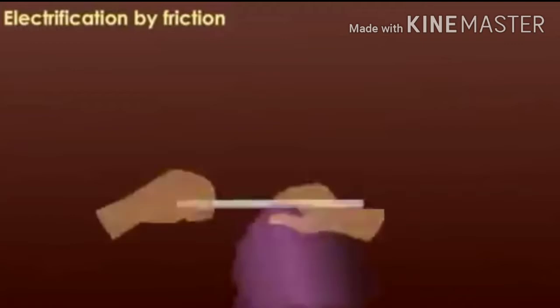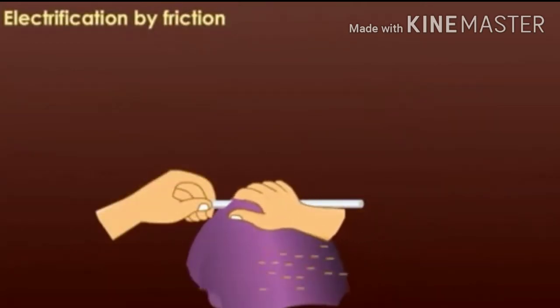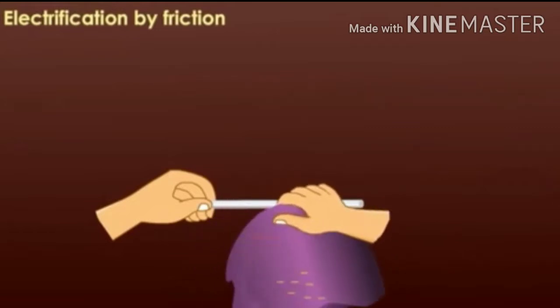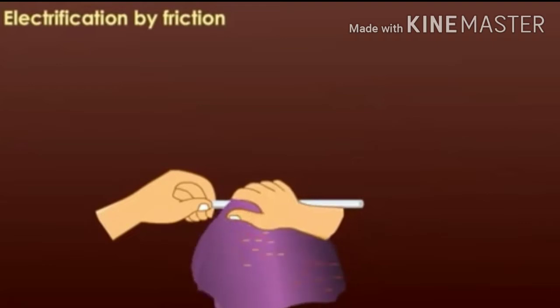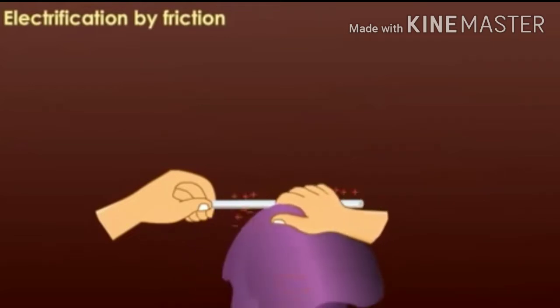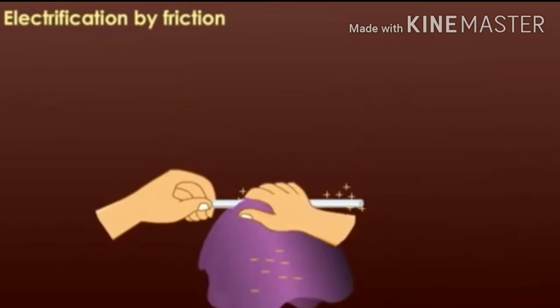Friction. When a glass rod is rubbed with silk, some electrons are transferred from the glass to the silk. So the glass becomes positively charged and the silk negatively charged.